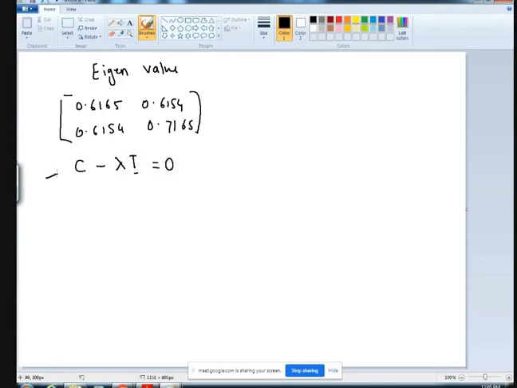This is a rule that you have studied even in mathematics, how to find the eigenvector and the eigenvalues. So once we have got this, we have substituted the covariance as whatever matrix we had, minus the eigenvalue that we need to find out, and the identity matrix is always 1 0 0 1 because it is a 2 by 2 matrix, equals to 0.